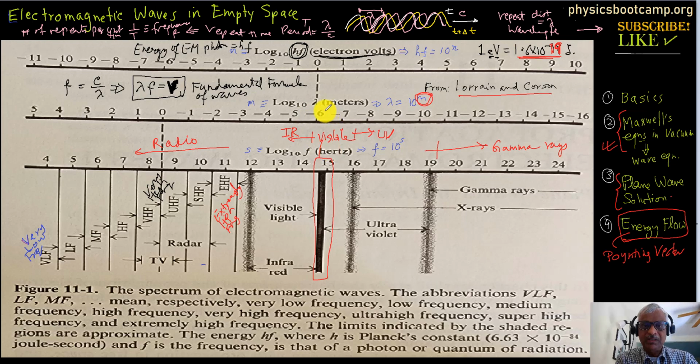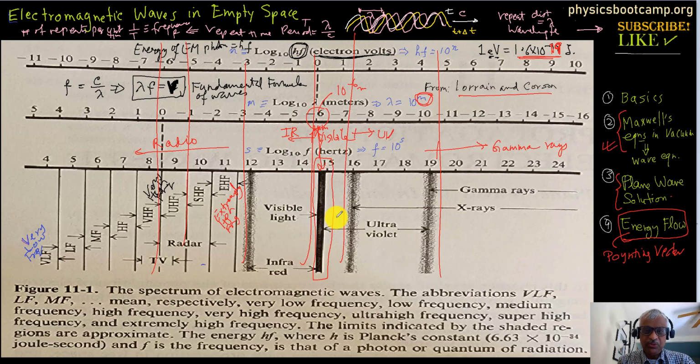For instance, this will be 10 to minus 6 meter, and so this will be a micrometer. And you can see that in this whole thing you can actually draw lines to figure out other properties like frequency, wavelength, and energy for that particular wave.